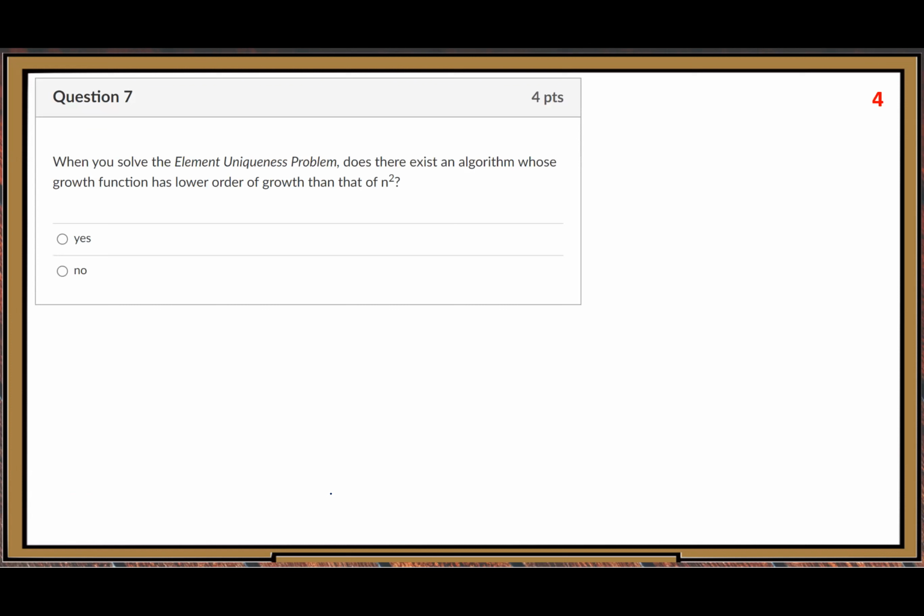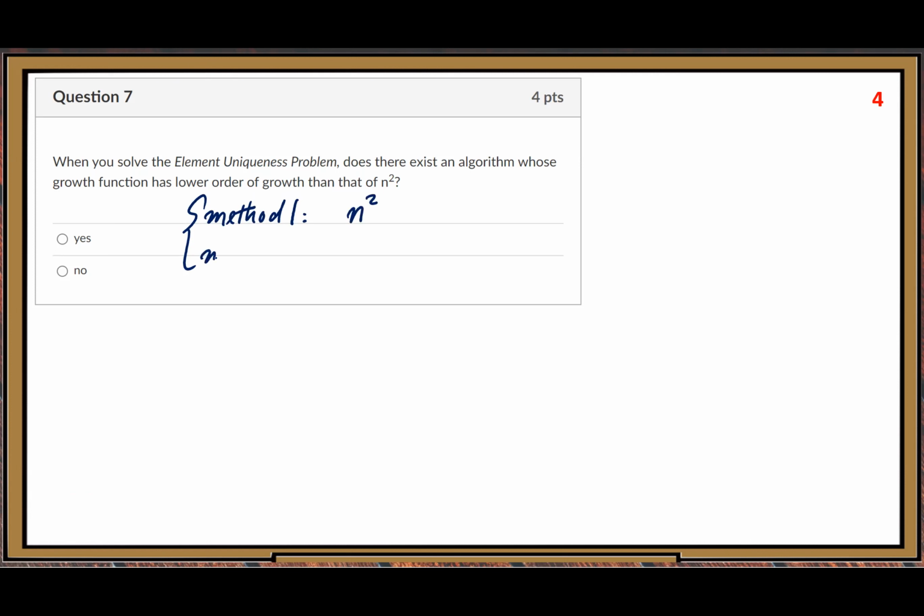Number 7. When you solve the element uniqueness problem, does there exist an algorithm whose growth function has lower order of growth than n squared? Remember in class, we have two methods. Method 1, the growth function is n squared.